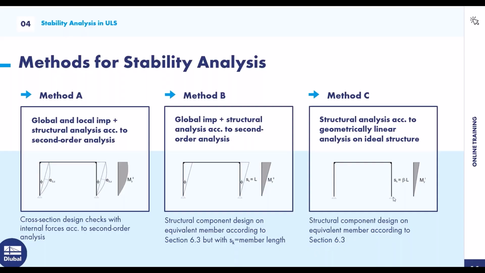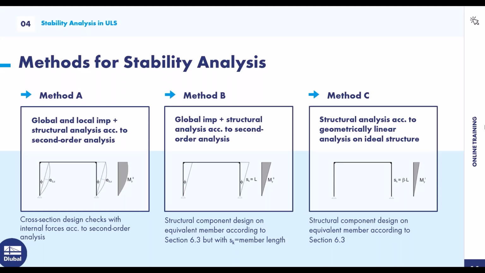But in that case, for the frame, only for the columns. Because by considering the system buckling lengths, the moment agrees with the second order analysis, and the effect of the equivalent imperfections are already taken into account.